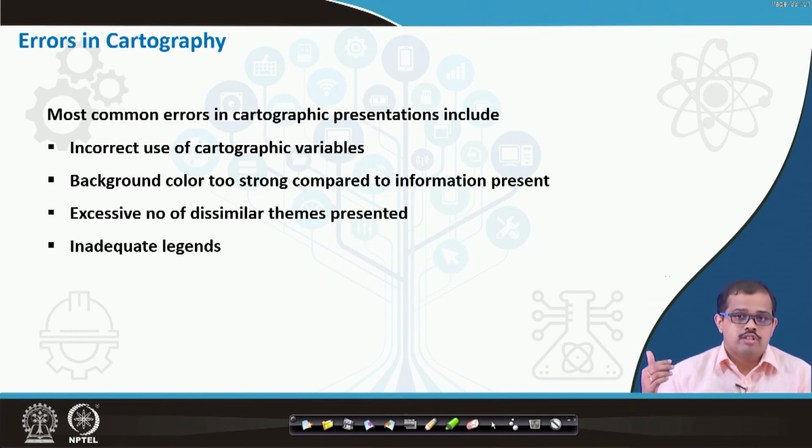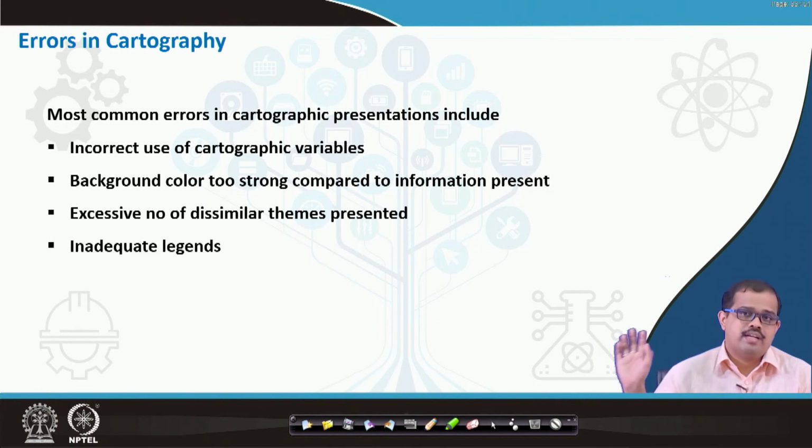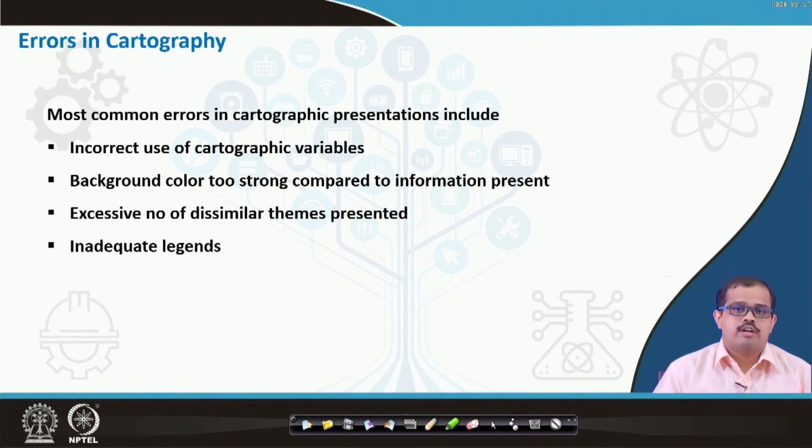Inadequate legends: there are many places where the legends are inadequate. You may have missed certain pieces of information. Please look at it very carefully. That is where the error comes as a part of cartography. Even if your map data, everything is ready, there may be errors in this. So you have to look at every part when you are preparing a map using GIS systems.